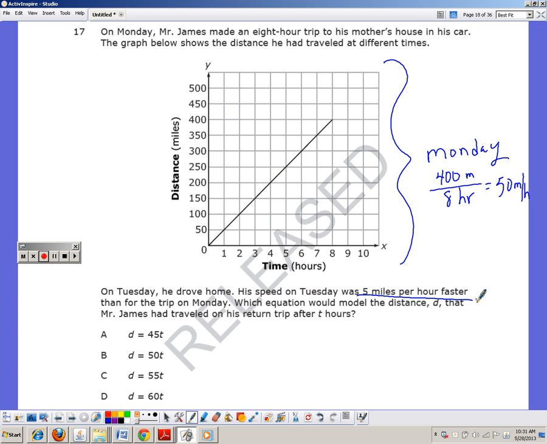So for Tuesday, we did 50 plus 5. He went 55 miles per hour. Okay? So, distance equals rate times time. His rate was 55. So the answer is C. 55 times T.